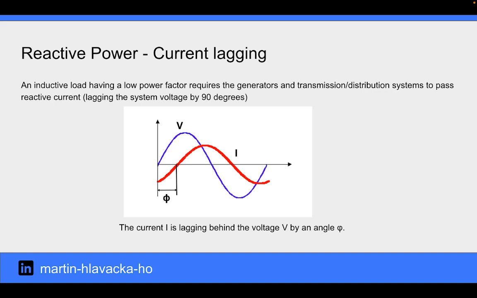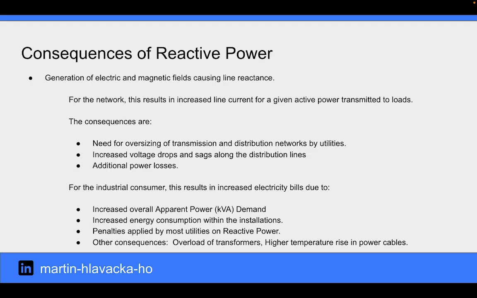An inductive load that has a low power factor requires generators, transmission and distribution systems to pass reactive current, causing a 90-degree lag in system voltage. Reactive power generates electric and magnetic fields that cause reactance in the line.